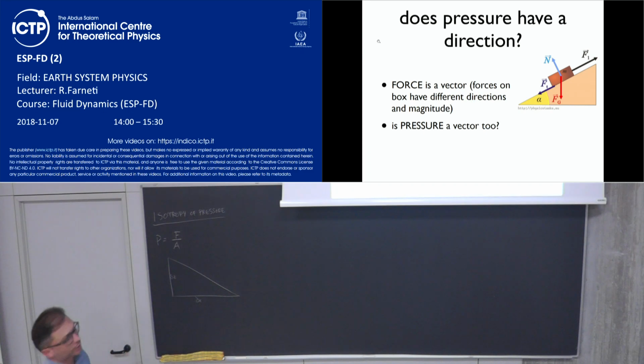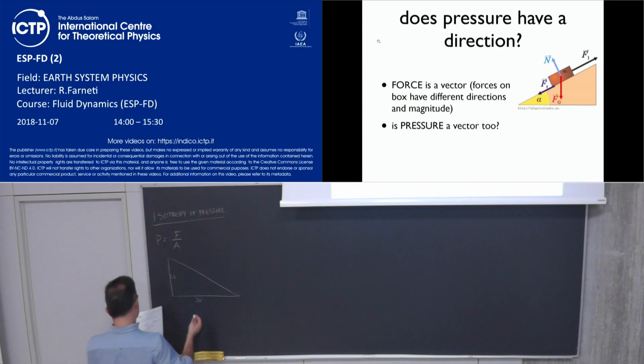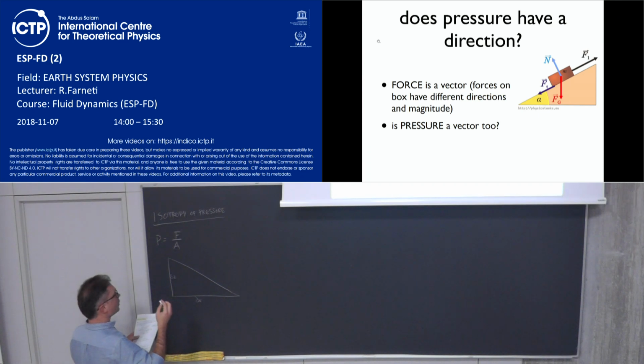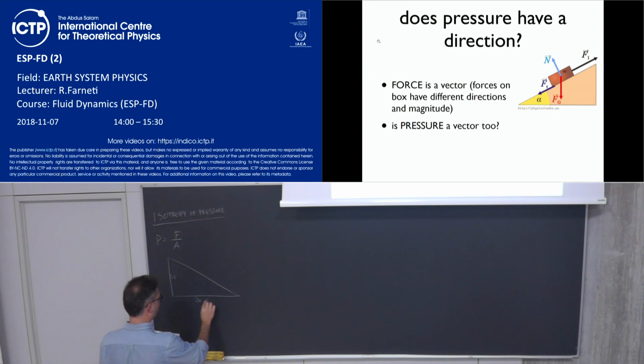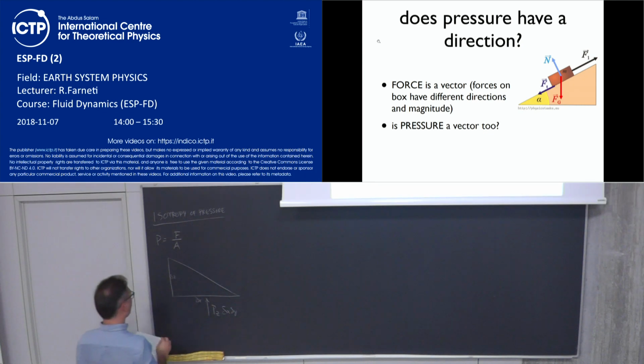Okay, so in a static conditions, all forces in all directions must be equal to 0. Okay, so there's no acceleration. And so how does pressure vary in this infinitesimal volume of fluid? We have here a Pz, which is dx and y. We have here a Px, this is dy and dz.